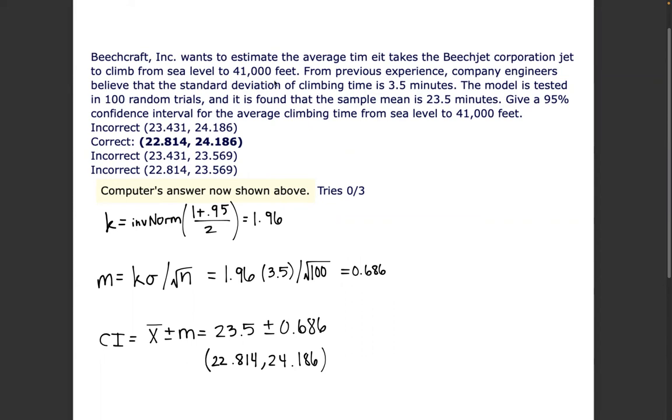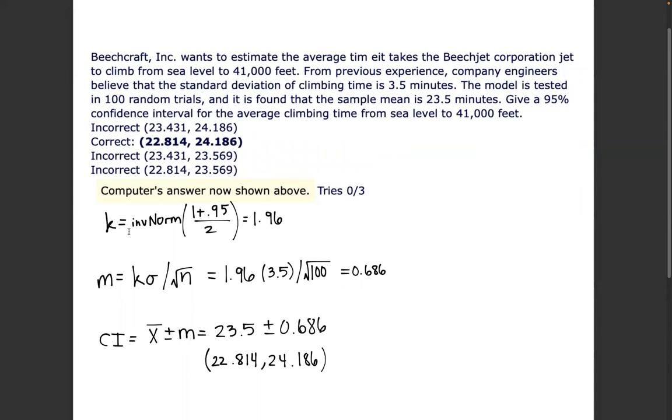From previous experience, company engineers believe that the standard deviation of climbing time is 3.5 minutes. The model is tested in 100 random trials, and it is found that the sample mean is 23.5 minutes. Give a 95% confidence interval for the average climbing time from sea level to 41,000 feet.